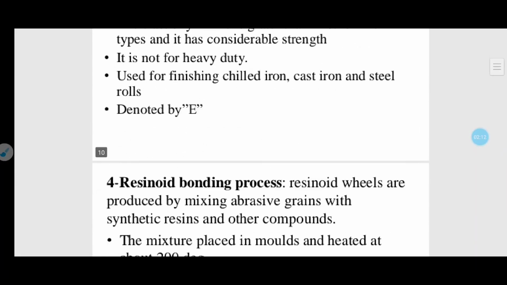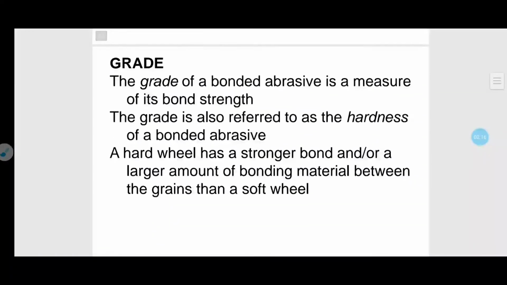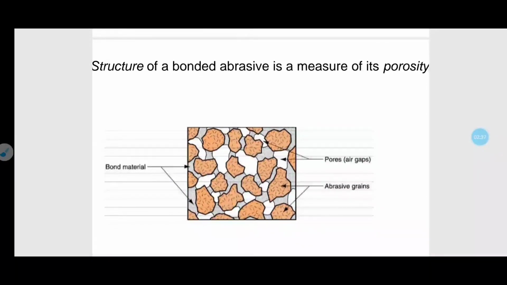So the bond holds the abrasive material. The grade is also referred to as the hardness of a bonded abrasive. A hard wheel has a strong bond, or a larger amount of bonding material between the grains than a soft wheel has.